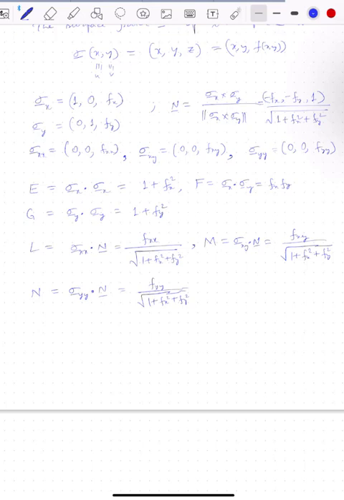Okay. So we have been able to obtain all the coefficients necessary to determine the first and second fundamental forms. So all that we need to do now is, so it's the Gaussian curvature K and the mean curvature H that are obtained as follows.